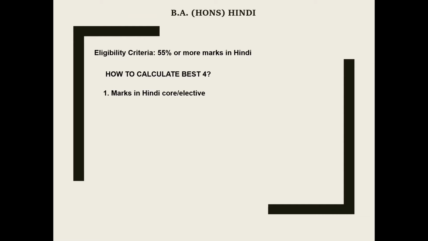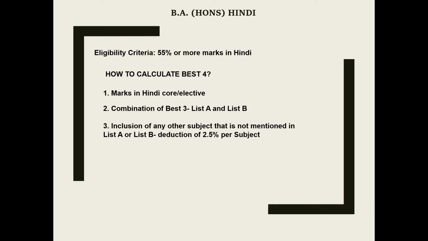Then you will make a combination of 3 subjects using list A and list B. You can choose any subject from both of these lists. And if you are choosing any subject which is neither mentioned in list A nor in list B, then you face a deduction of 2.5% for every such subject that you are including.